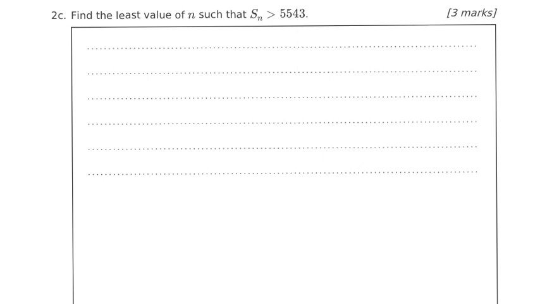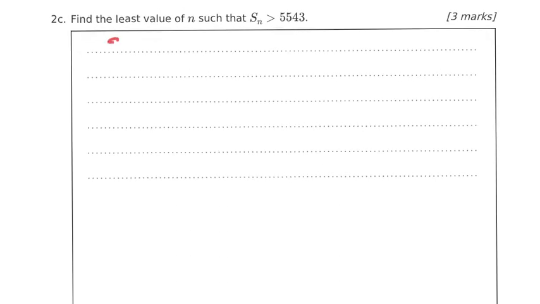2C. Find the least value of n such that the sum of n terms is greater than 5,543. Well, Sn is equal to U1 times r to the n minus 1 divided by r minus 1.